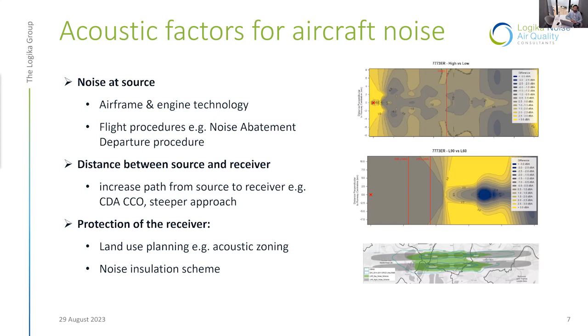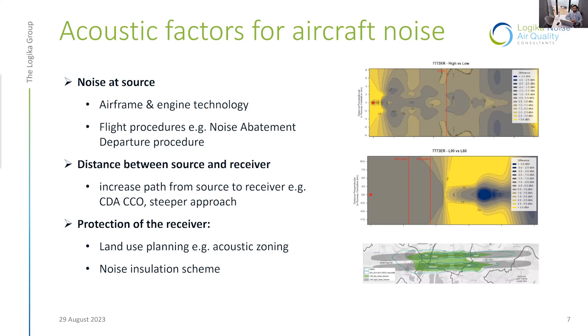We also consider the distance between source and receiver. If we increase that distance, we can minimize the noise, and this can be achieved by introducing different procedures such as continuous descent approach, continuous climb operation, or steeper approach, all meant to create a larger distance between noise and receiver.